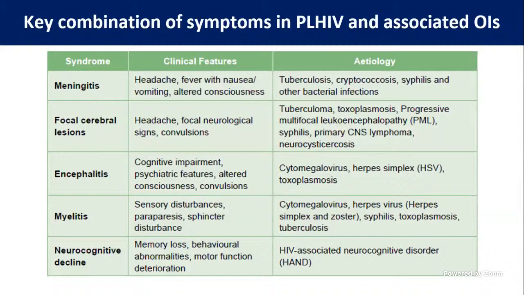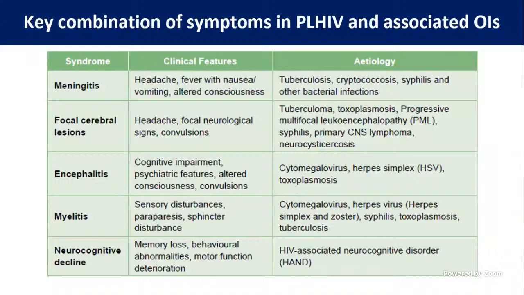Then there is the syndrome of focal cerebral lesions, where patients present with focal symptoms like headache, focal seizures or focal convulsions, and focal signs. That means there could be a monoplegia, a hemiplegia, or isolated cranial nerve involvement, meaning there is a focal loss of neurological function, or a focal deficit.